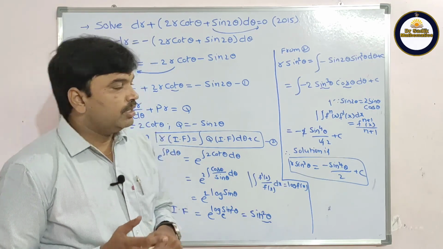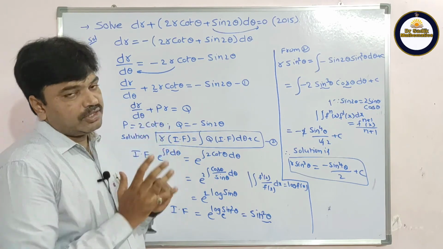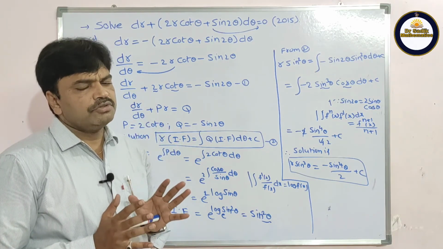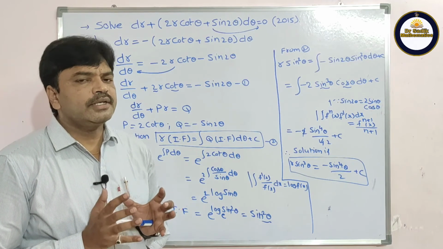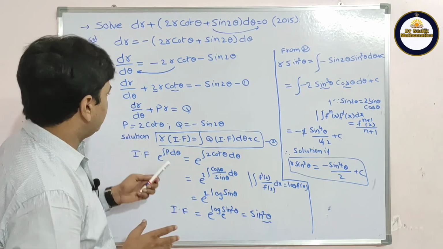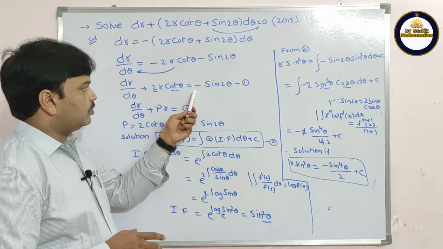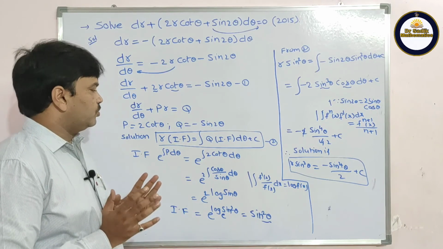Once again, friends, I observe the equation which is in terms of r and theta. So we can reduce it into a linear equation by rearranging the terms. Finally I got dr by d theta plus 2r cot theta equal to minus sin 2 theta.